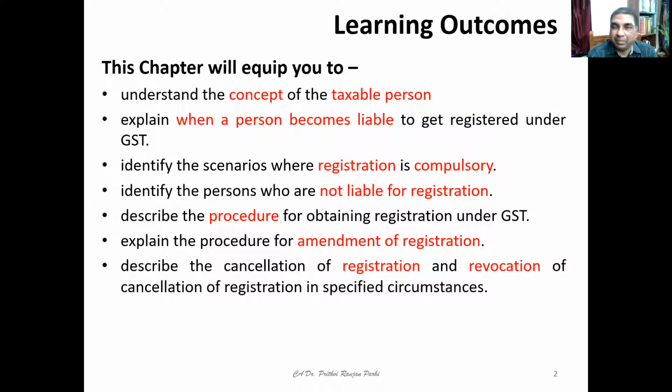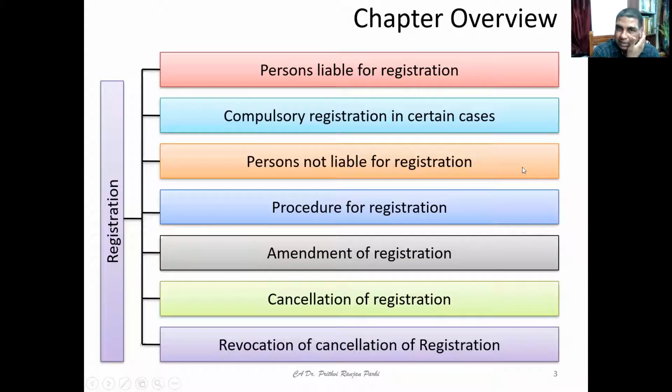Now you want to amend it. One more trade needs to be added. Or your registered address was something, you want to add one more address, or you want to change the address, how will that happen? And if required, how the registration can be cancelled and how it can be revoked. So all this concept we'll be learning in this series of classes.